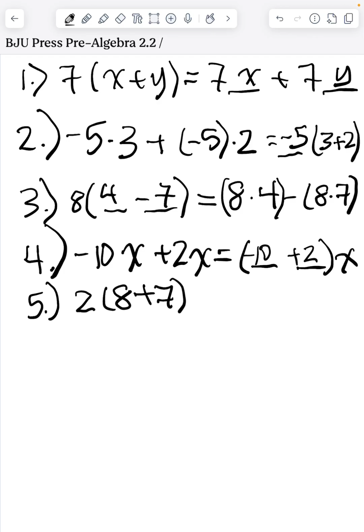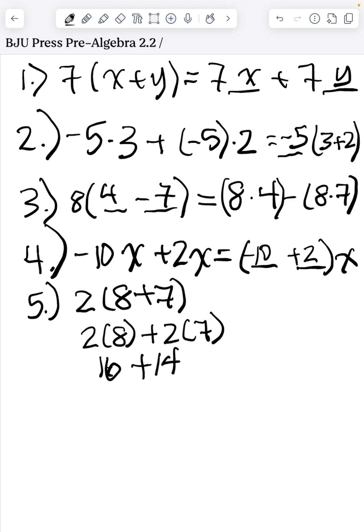But then you should have this step written in here, which is 2 times 8 plus 2 times 7. So when you do your chapter 2 test, if the directions say, show using the distributive property, you must have this step. Next thing would be simplify. 16 plus 14, so your answer is 30.